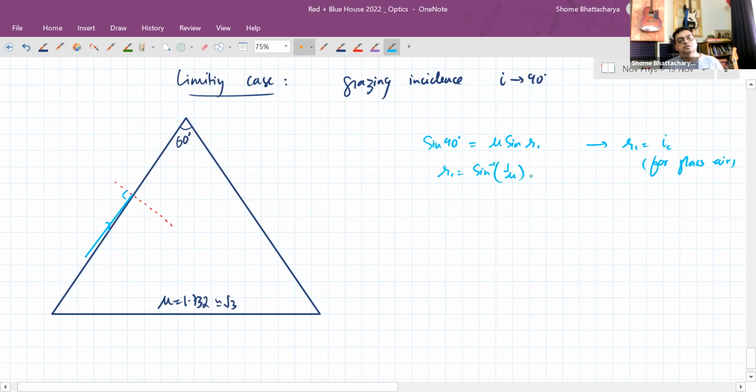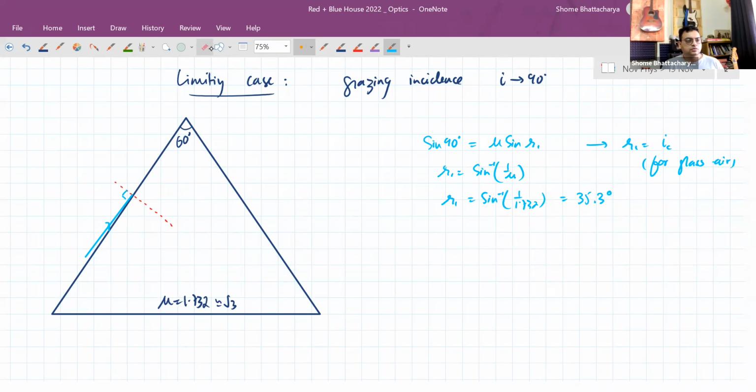In this case, to save time, I'll quickly work this out using a calculator. 1 divided by root 3 will give me about 0.577. And then when I take sine inverse of that, it will give me about 35.3 degrees.